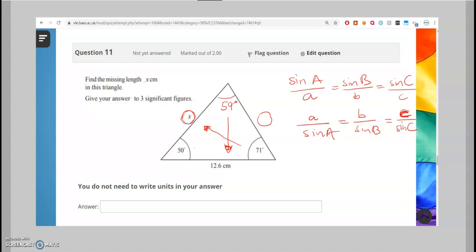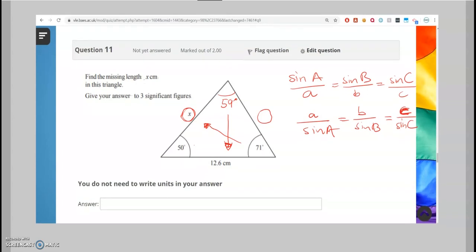So if we say that 59 is going to be angle A, then 12.6, which is opposite it, will be the length a in lowercase. And if we say that 71 will be angle B in capitals, then x is going to be side b in lowercase.